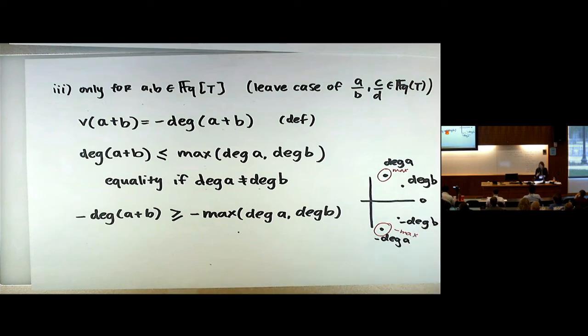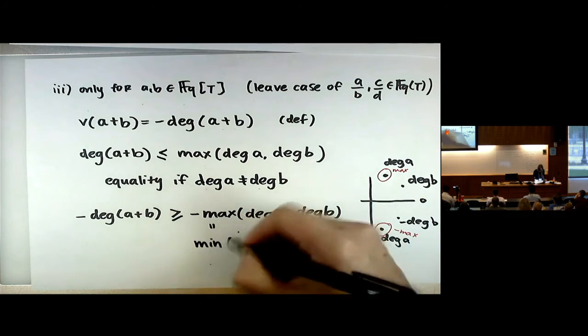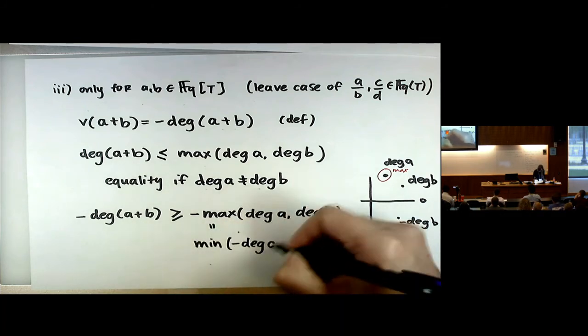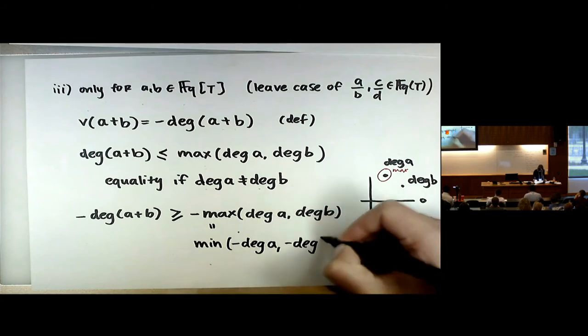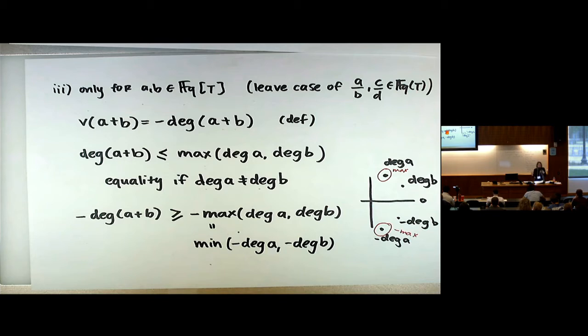So the minus of the max is actually the min of the minuses. When I flip them, the max becomes the bottom. So now I want the smaller one of the two. Okay, and so that finishes my thing.